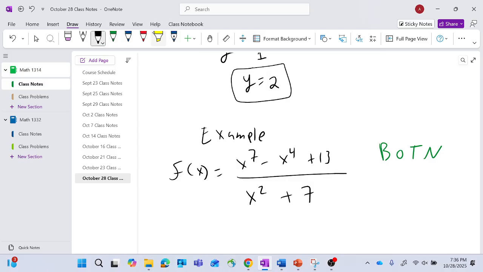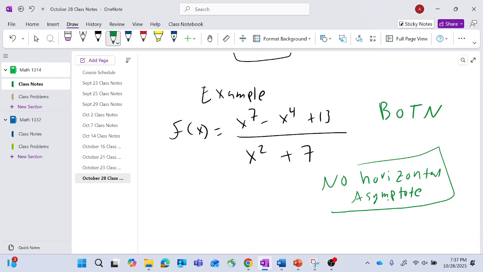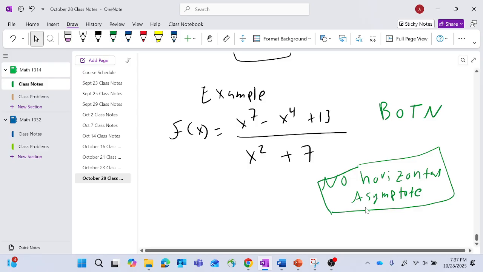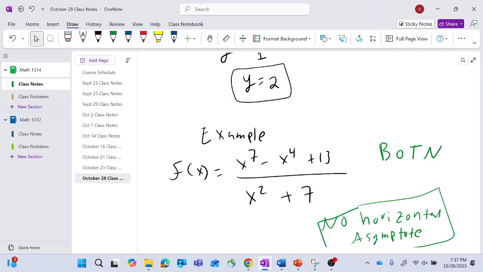So that means we have no horizontal asymptote. And that's kind of how you use Bobo eats DC. Just look at each degree on top and bottom, compare them, and put it into the acronym and see what you get.